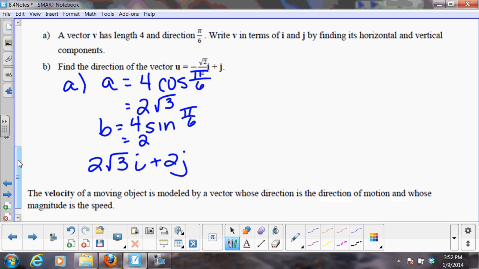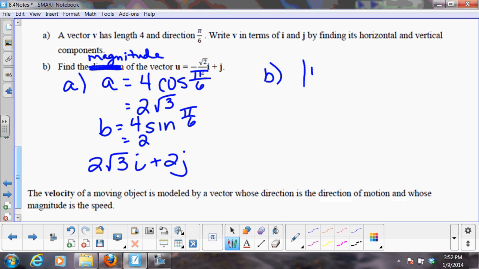We'll just change it to magnitude. I'm pretty sure I meant to change this to magnitude. I don't know if it's changed in your notes or not. Sorry about that.